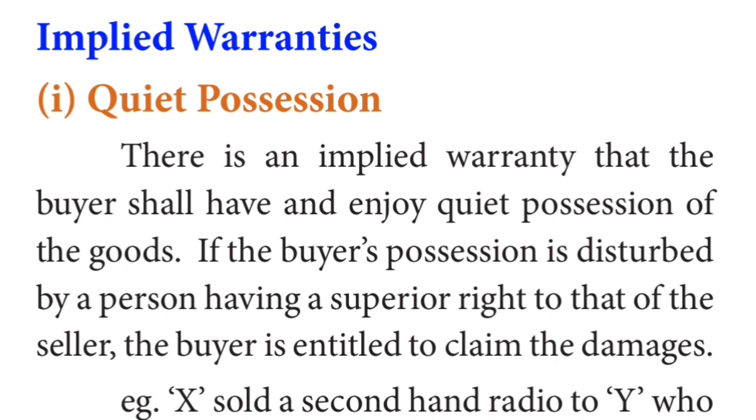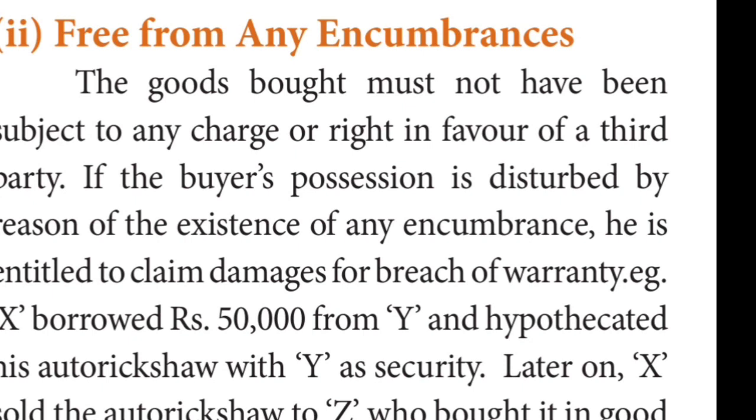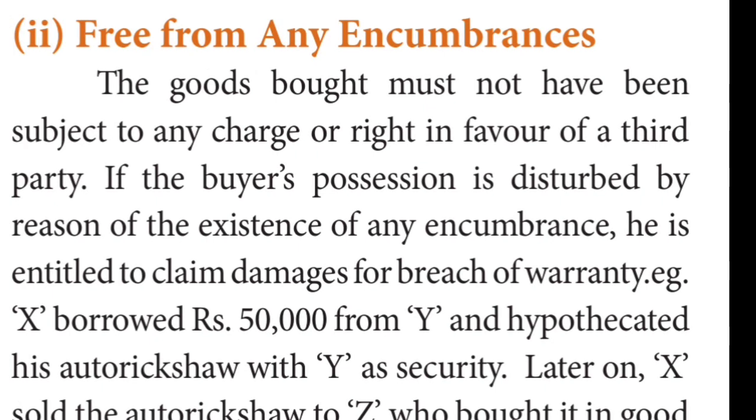If the product the buyer has bought is being disturbed by another person, a third party, then the buyer has a right to claim damages from the seller. Right, next is freedom from any encumbrances. Encumbrance is a burden attached to the contract.